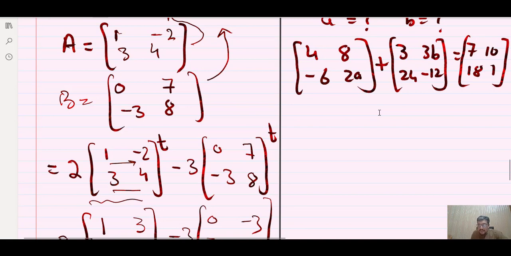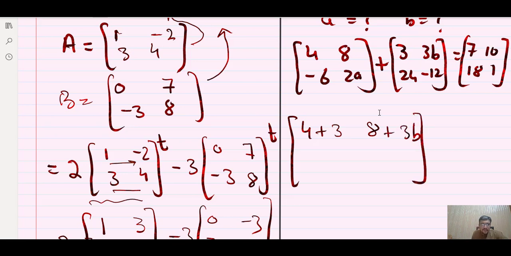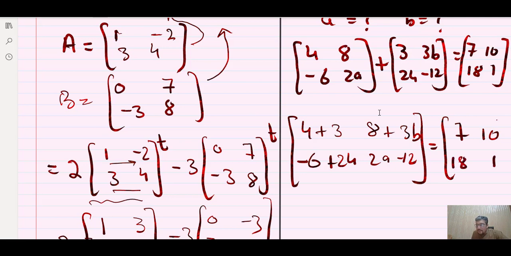If you add these two matrices, it will be 4 plus 3, 8 plus 3b, and now I hope so we have done so much addition of the matrices, you are clear how we have to add the entries. 2a minus 12, which is equivalent to this matrix, that is 7 10 18 1.